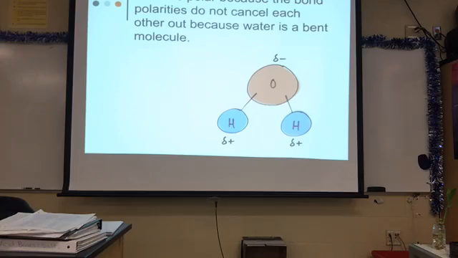Now, how do you know if it's a polar bond or a nonpolar bond? If you look on the back of your periodic table, on the middle of the right-hand side, you'll see it says polarity. It tells you if the electronegativity difference is between 0 and 0.4, it's nonpolar covalent.